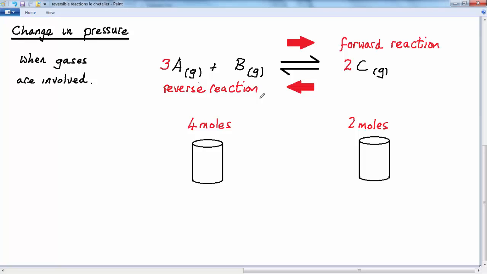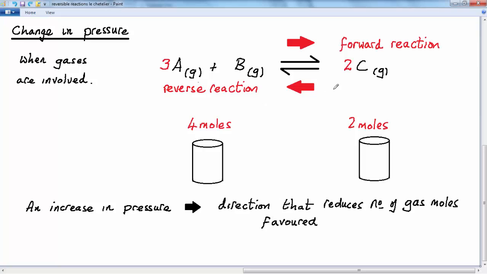So then what happens when we change the pressure? For example, we increase the pressure. If the pressure is increased, the favoured direction will be the direction that results in a reduction in the number of gas moles. In this case it will be the forward direction of the reaction, because there are only 2 moles on this side and there are 4 moles on the other.